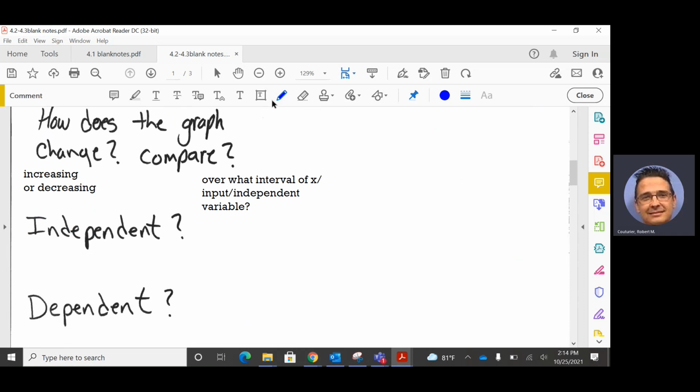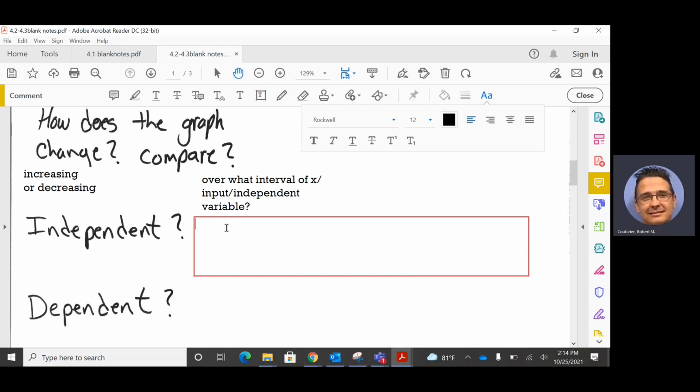Now we also have some interesting things here. We have talked a little about this, right? Independent variables in particular are our x's. They're also our inputs. And of course, they are anything that we notice on an x-axis, because if we're given a graph, the x-axis is all of our independent variables.